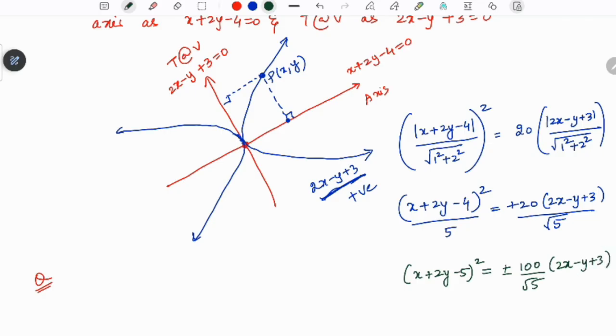What have I squared here? x plus 2y minus 4 I have squared. That is basically the axis. What have I not squared? 2x minus y plus 3. That is the tangent at the vertex.